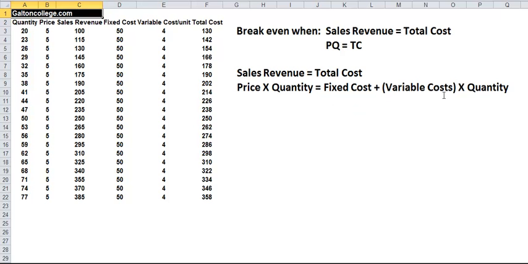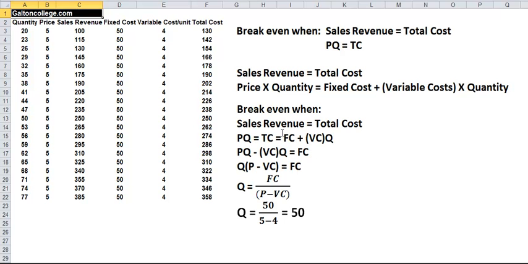And with a little reflection, I'm sure you'll see that that's quite straightforward. Now, the break even is when the sales revenue is equal to the total cost.